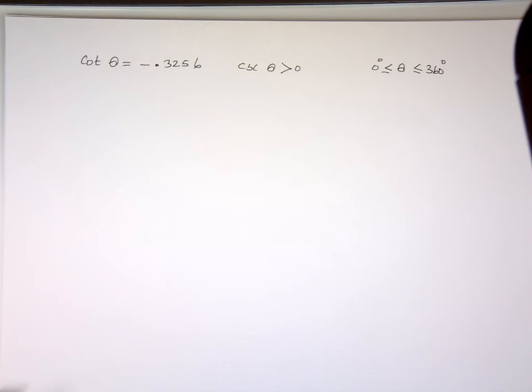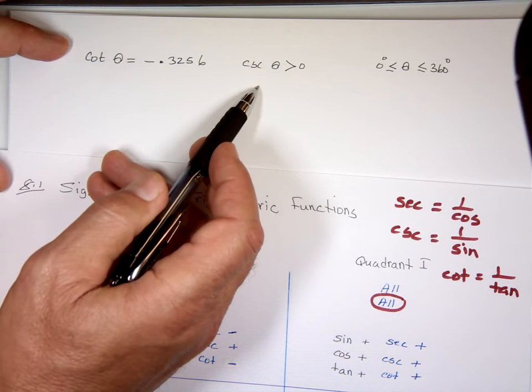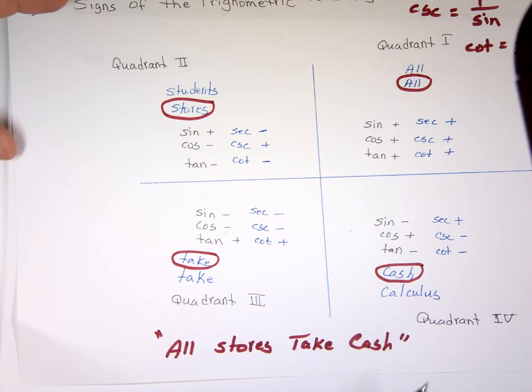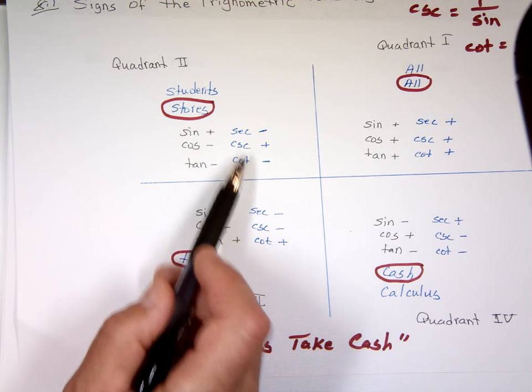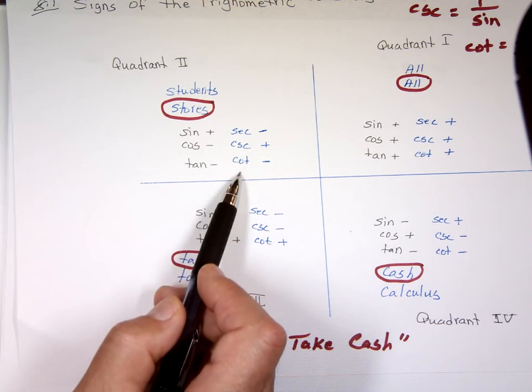Now, if I grab my sheet, it shows who is positive and who is negative. I need to know where the cotangent is negative and the cosecant is positive. What do you know? I spotted it right here. Cotangent is negative, cosecant is positive.